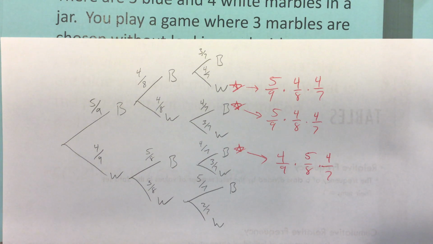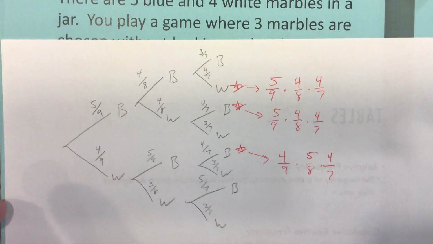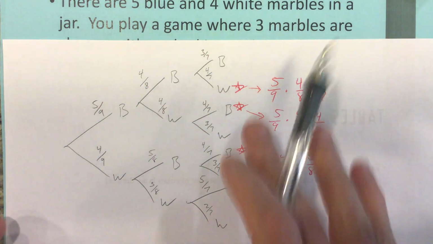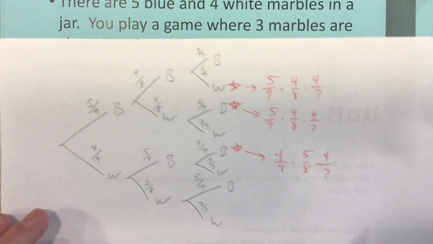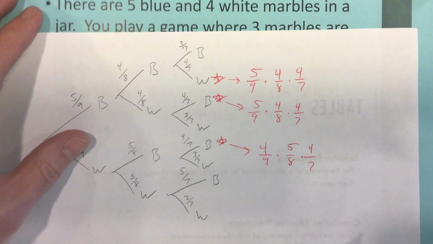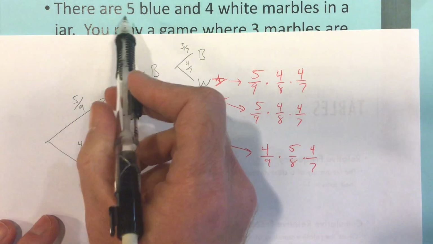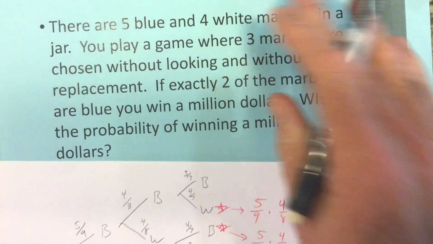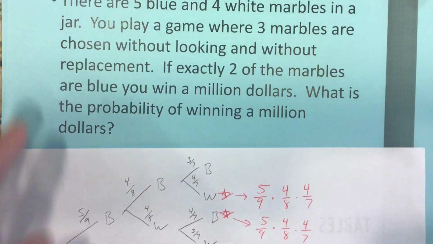Or even better yet, you could use combinations. Remember those combinations? So here's how I would do it. I might do it this way for fun and as a check, but if I were in a hurry and wanted to do this quickly, I would say there are 5 blue marbles and I want exactly 2, right?